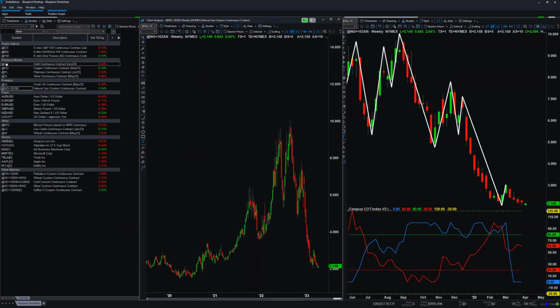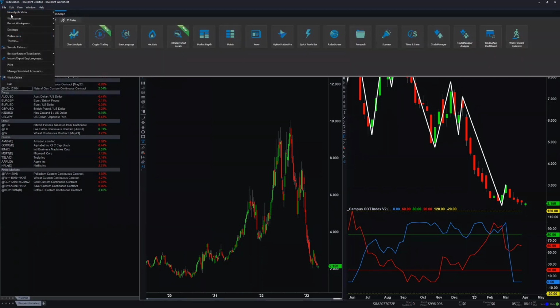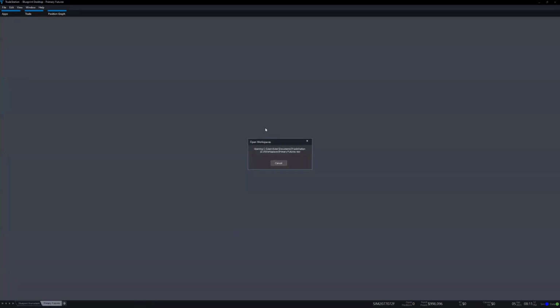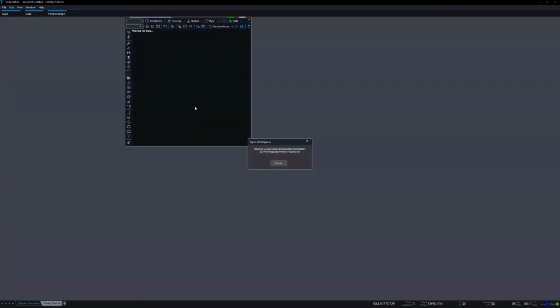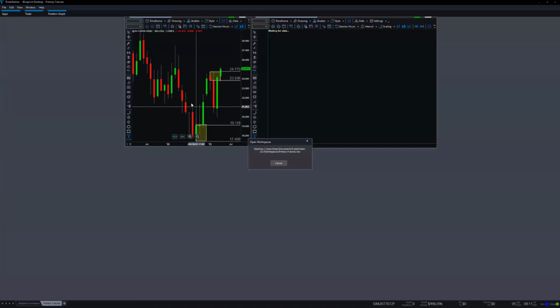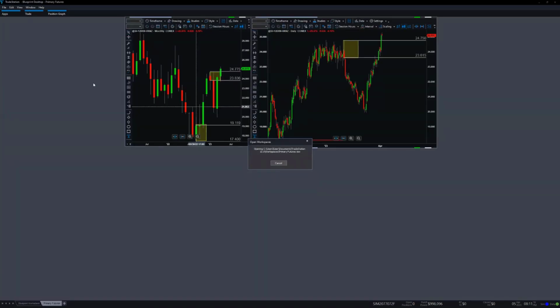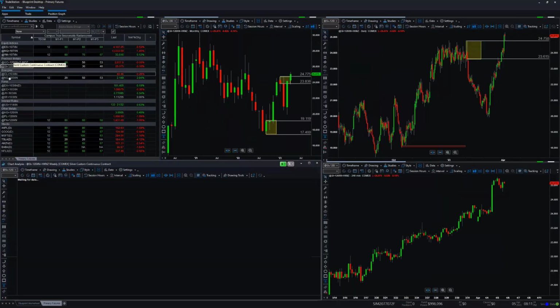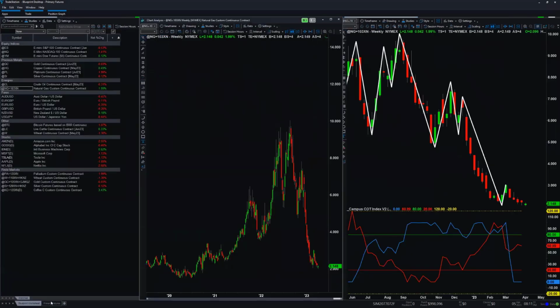Now, just to double check if I have the right one here, let me just load one of my workspaces. Yeah, 103 XN, perfect. All right.